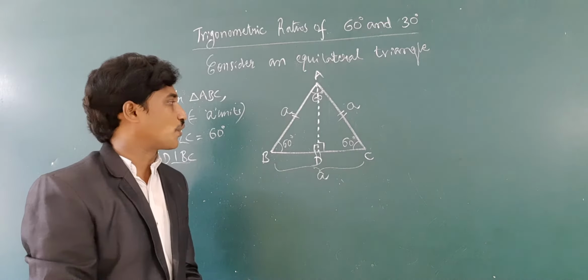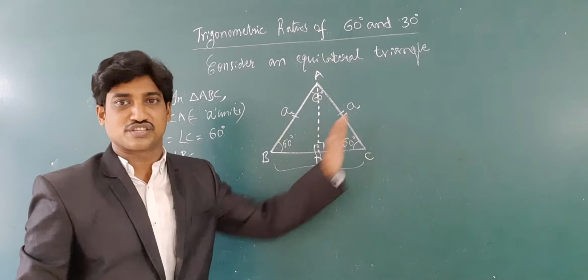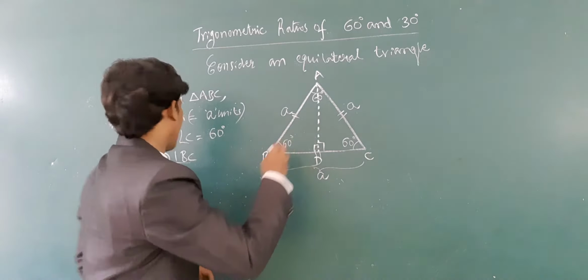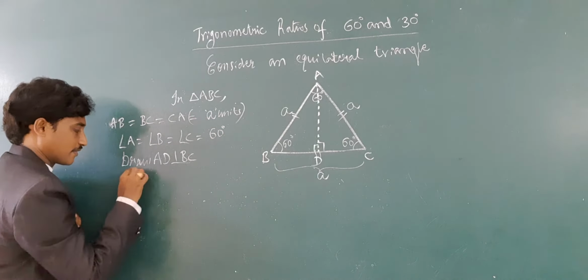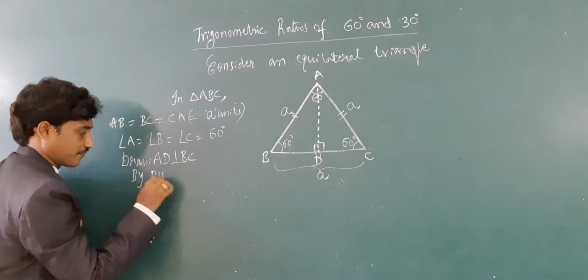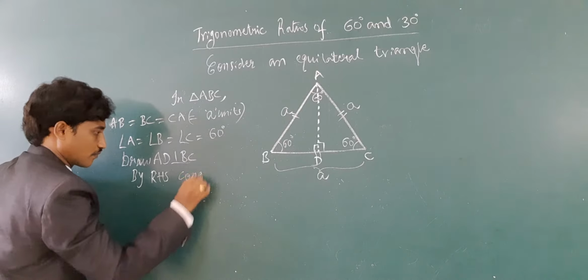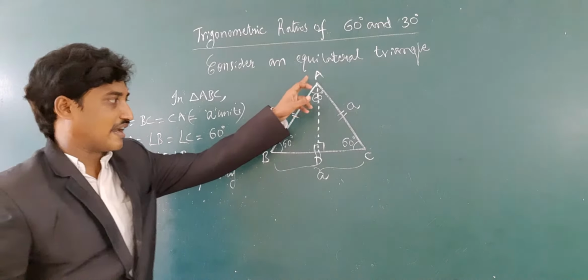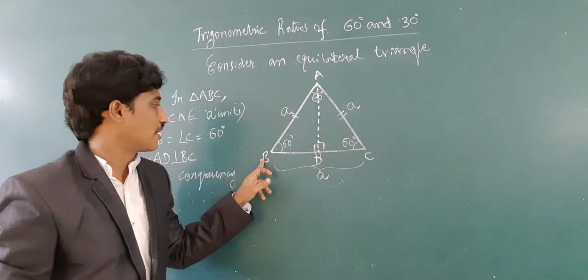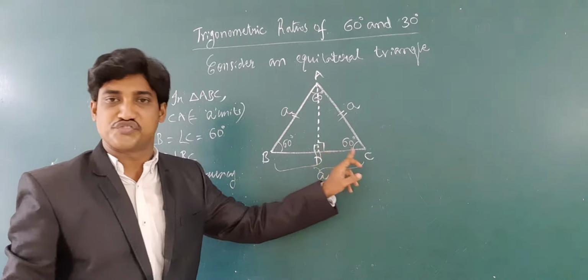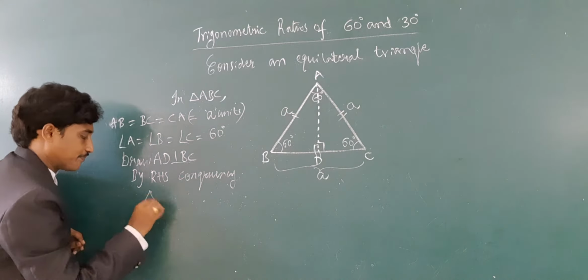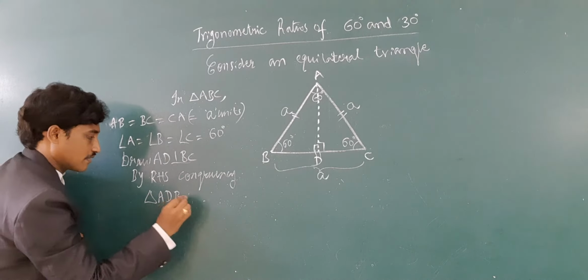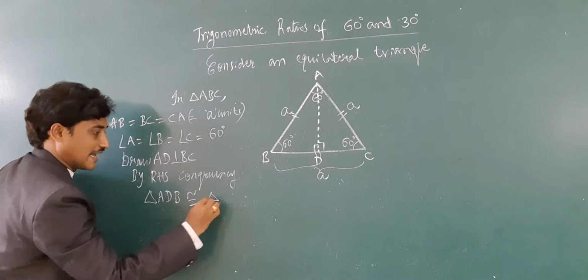By RHS congruency, we can say these two triangles are congruent. Triangle ADB is congruent to triangle ADC.